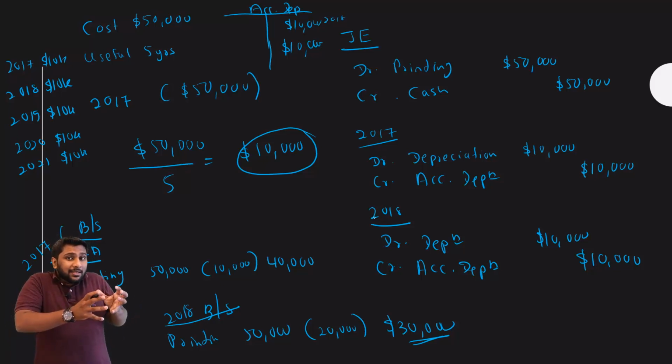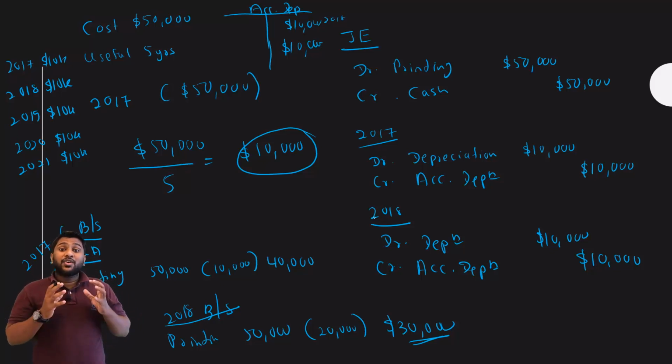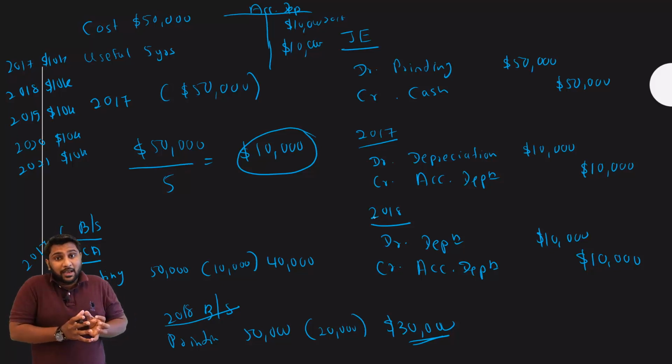We will split that into 5 years, putting 10,000, 10,000, 10,000 for each year. That 50,000, the value of the asset, we will call the depreciable value. I can depreciate that entire 50,000 over a 5-year period. So for 1 year, depreciation will be how much?